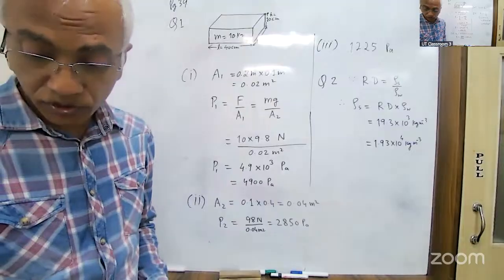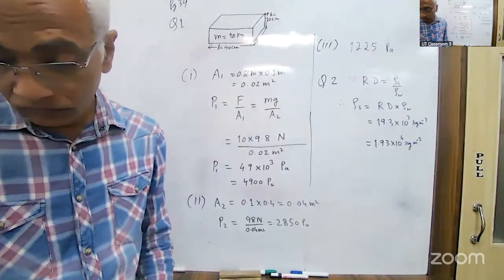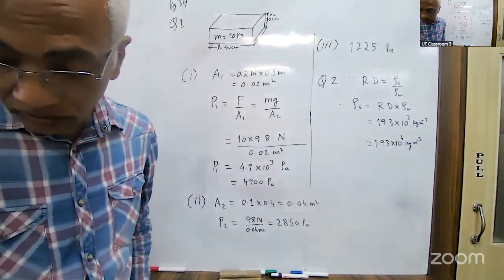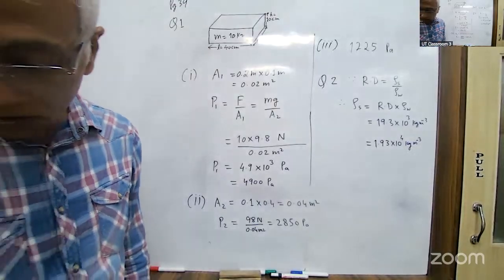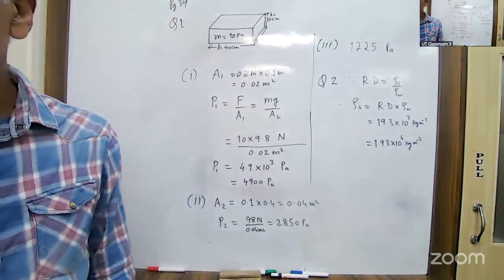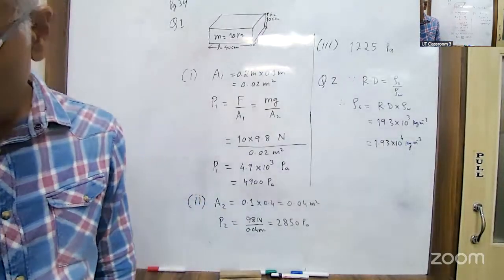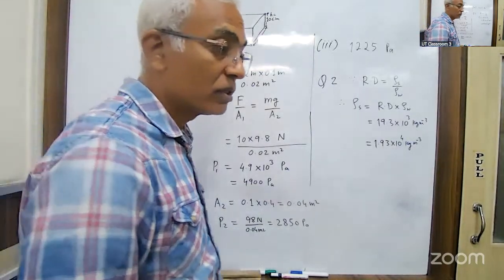So try question 3. You are provided with density of mercury as 13.6 in SI unit. Convert that into CGS unit.